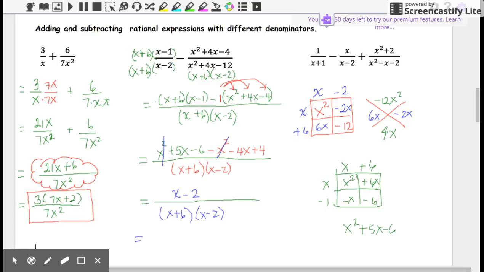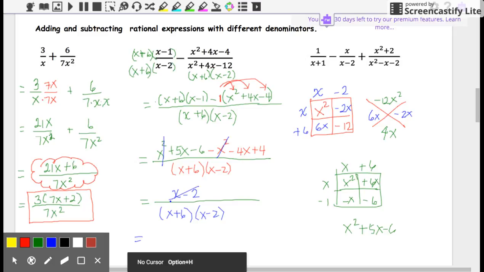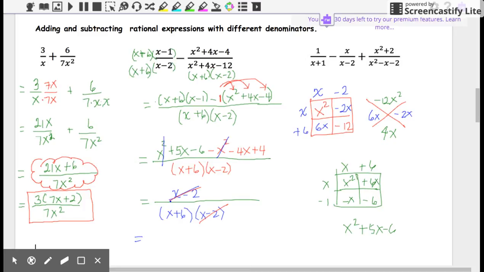Now we need to always simplify, so we can still cancel x minus 2. And therefore, the final answer is 1 over x plus 6.